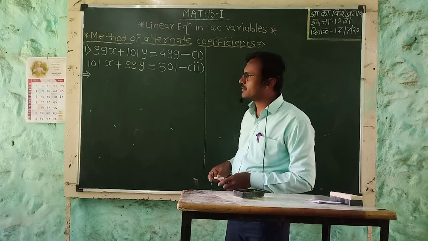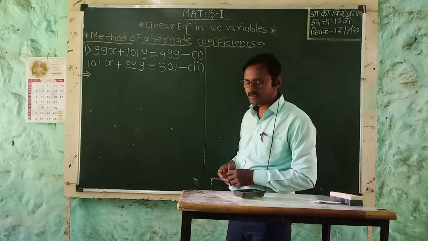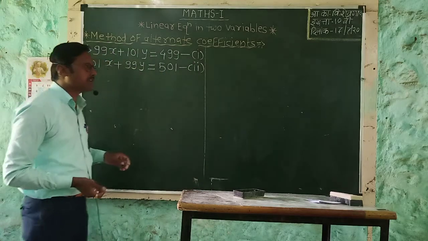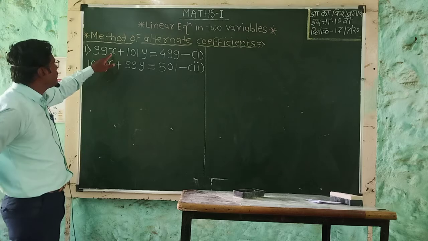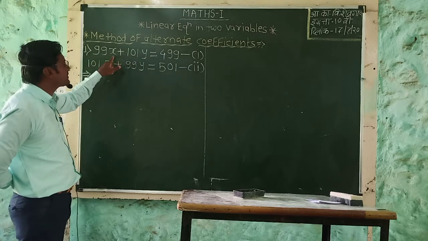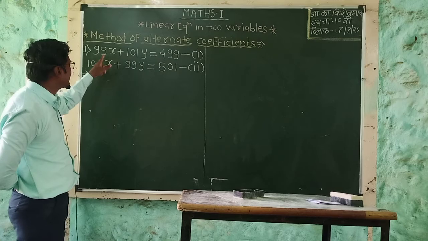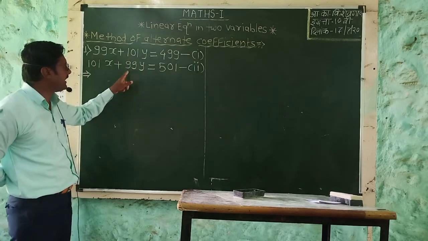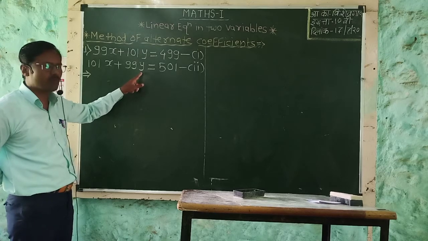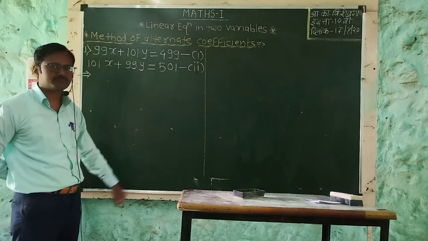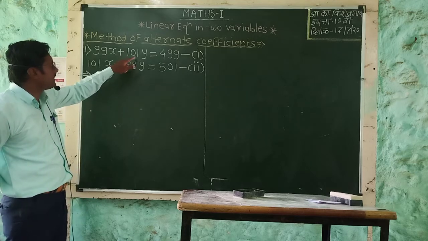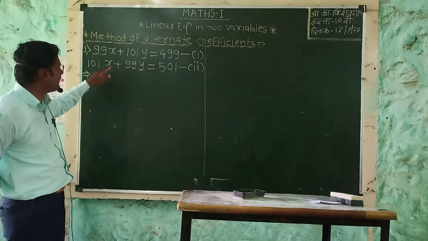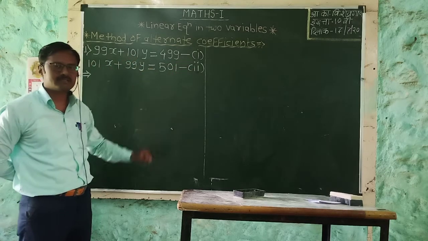Students, if you observe the coefficients in both equations, the coefficient of x in equation 1 is 99, and in equation 2, 99 is the coefficient of y. The same holds for the coefficients of y and x in equation 1 and equation 2.